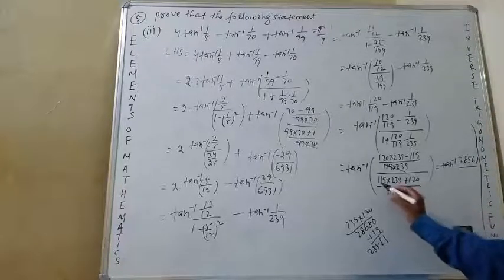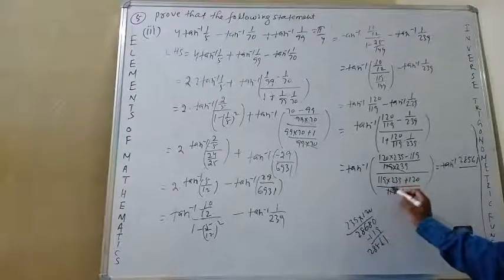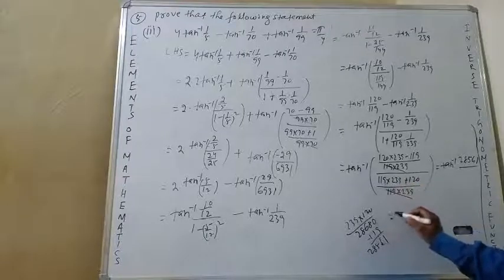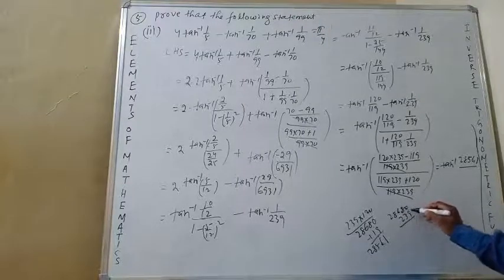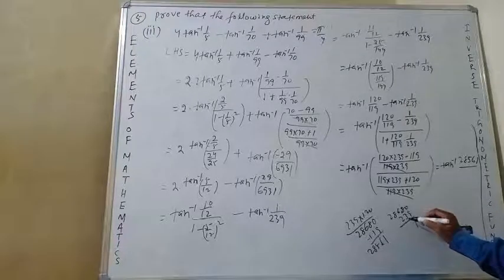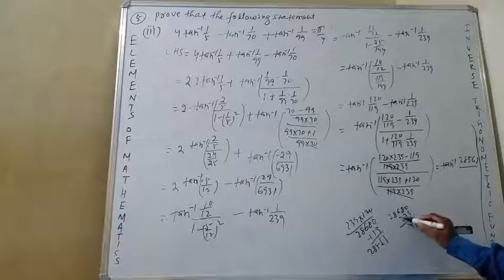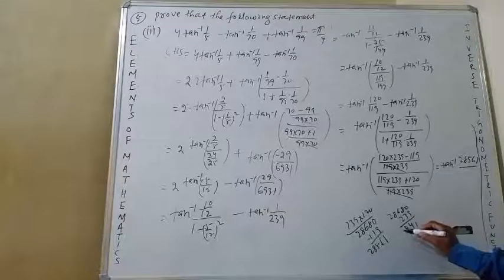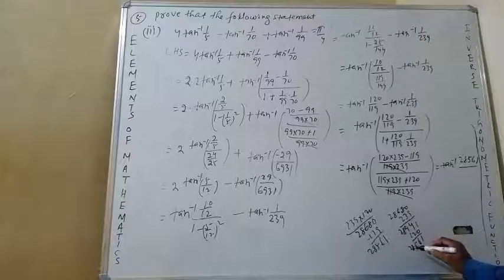Divided by this 119 into 239, that is 119 times 239 is 28441, plus 120, this is 28561.